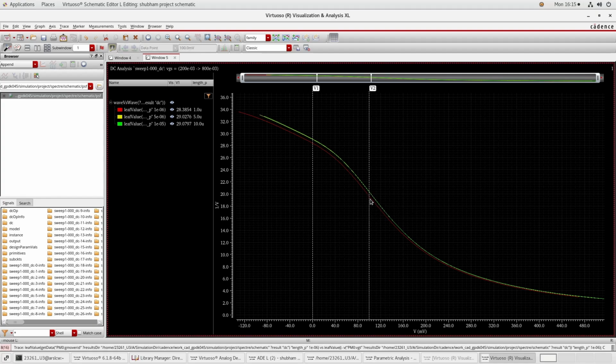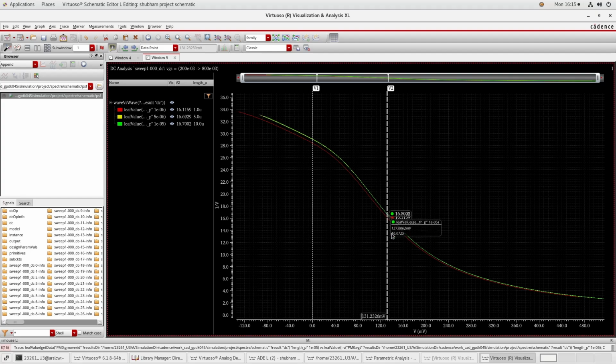If we increase V overdrive, there will be more electrons below the oxide and more inversion, so that will be more highly strong inversion. For a safe region, I am giving some more margin, so suppose 130 millivolt. There the gm/ID value is 16.